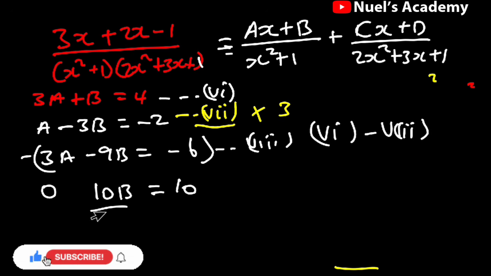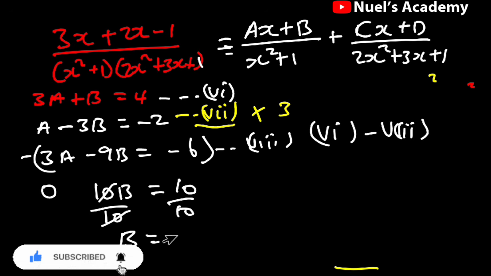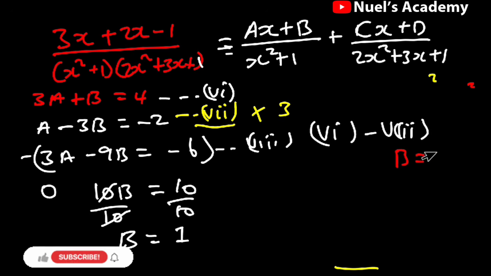So let's divide both sides by 10. So b is equals to 10 divided by 10 is 1. So let me write it here that b is equals to 1.